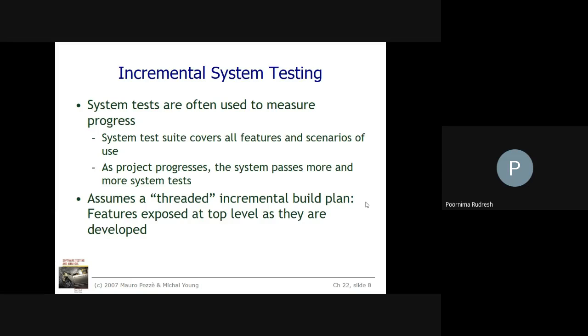As the project progresses, the system passes more and more system tests. We see whether the system passes the test or not. If the system passes the test, then it is a success. If the system fails the test, then it is a failure of the system. Then we have to identify the reasons for the failure.